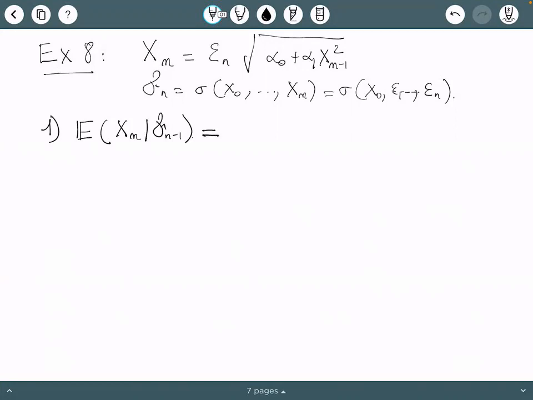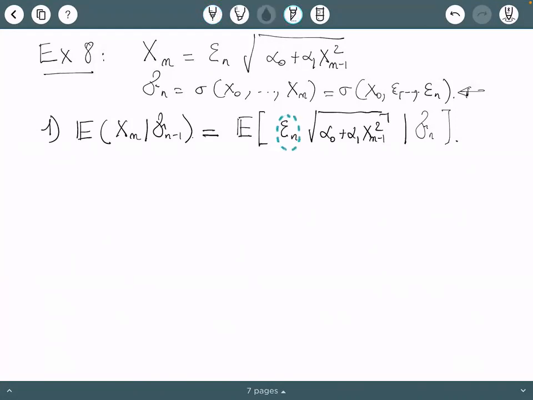So let us use the basic properties of the conditional expectation. By definition, it is the conditional expectation of epsilon n square root of alpha 0 plus alpha 1 xn minus 1 square given Fn minus 1. Sorry, there is some n minus 1 here. Yes, thank you.